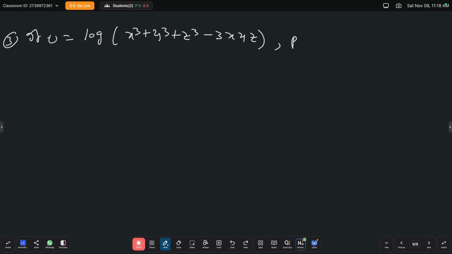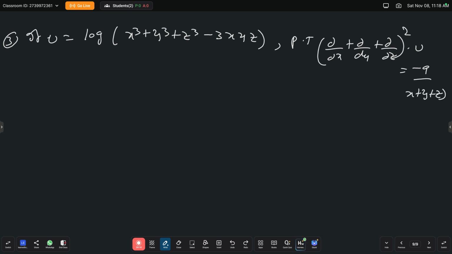Now prove that (∂/∂x + ∂/∂y + ∂/∂z)² u is equal to minus 9 by (x plus y plus z) whole square. The result is minus 9 by (x plus y plus z) whole square.